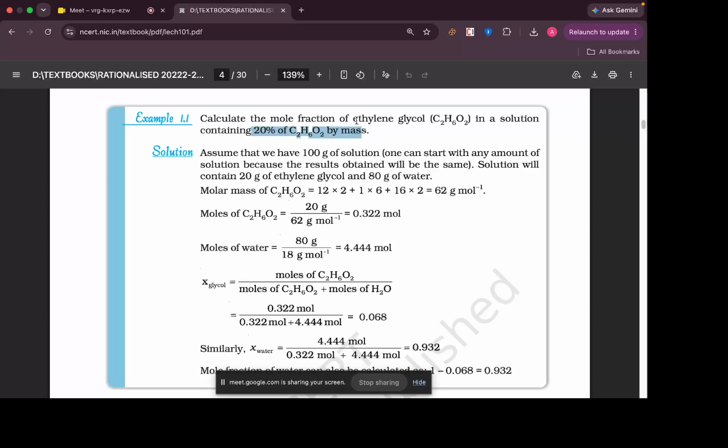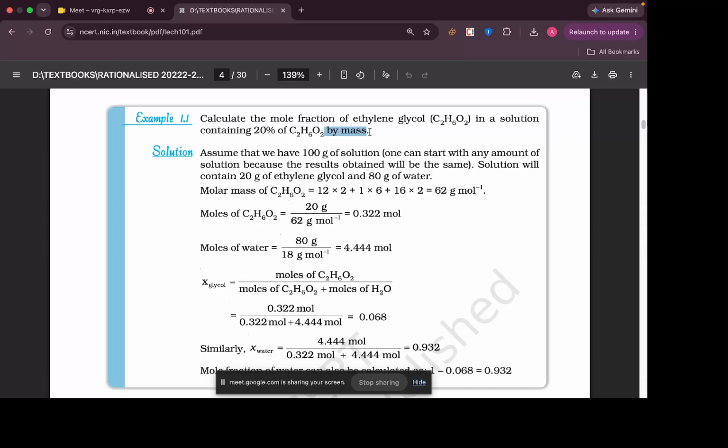20% means, in 100 gram of solution. Now you will ask me, sir, why not 100 ml? Why are you telling 100 gram? They are telling by mass. What is the definition of by mass? Mass upon mass into 100.